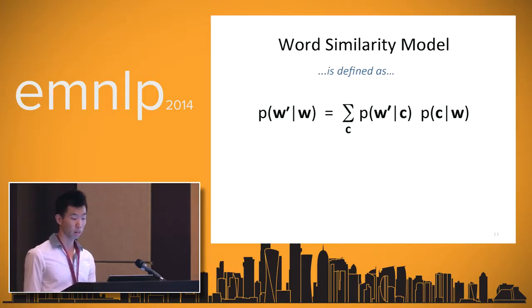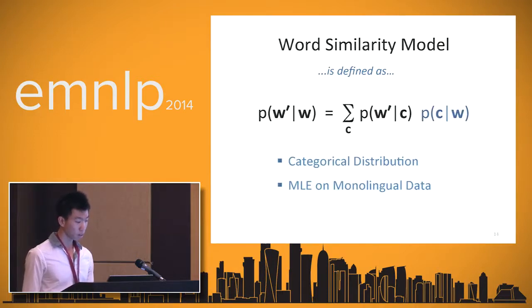The benefit of factoring the word similarity is that we are able to train each factor separately and efficiently. The second factor is pretty easy to compute. We can just model it as a categorical distribution and train it using maximum likelihood estimation.